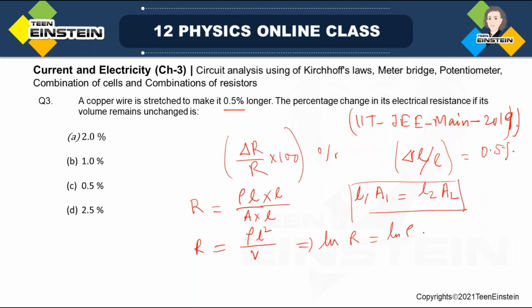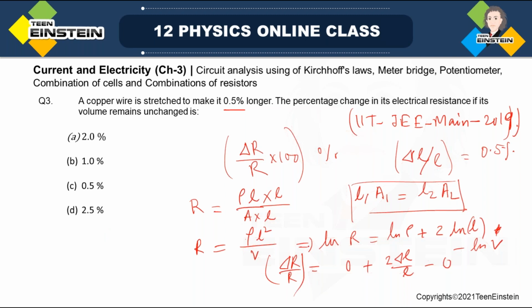So ln rho plus 2 ln L, and this V can be taken as minus also, it doesn't matter, because rho is the resistivity and V is the volume which is constant. So if I take the derivative, this is 0 plus 2 delta L by L, and this is again 0. So we have got the expression for delta R by R.